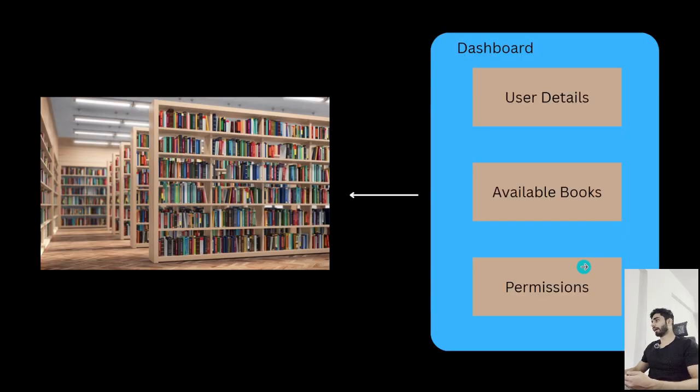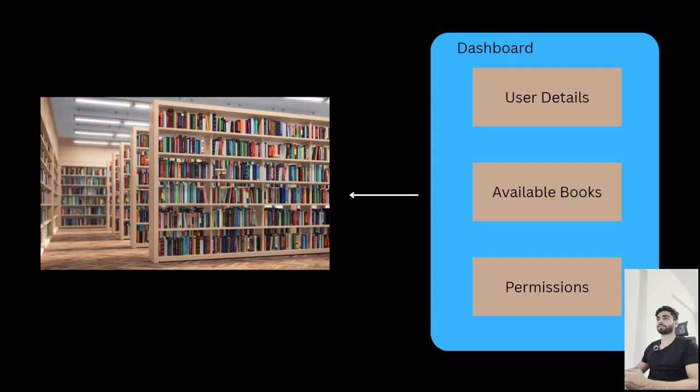Now imagine that you have a shared library dashboard, a single place that keeps all this info structured. You can see this is a dashboard, and here there are user details, a list of available books, and the permissions the user has. So basically, the librarian can instantly see who the user is, which books are available, and what they are allowed to access. This is exactly what MCP does for AI.